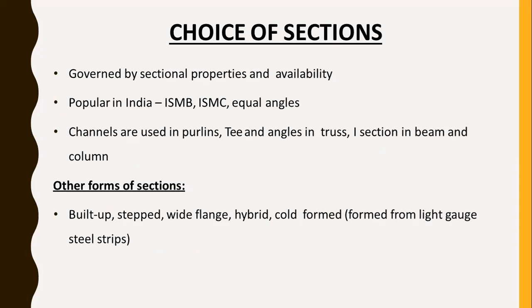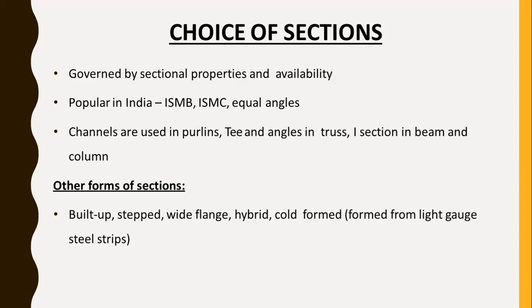Channels are used in purlins. T and angle sections are used in a truss, and I sections are mostly used in beams and columns.